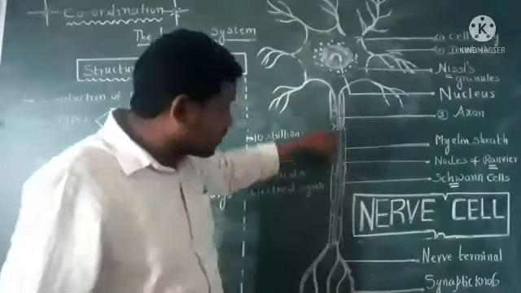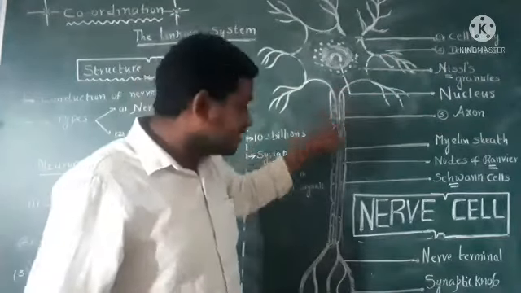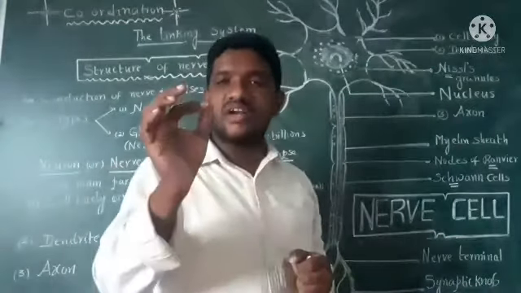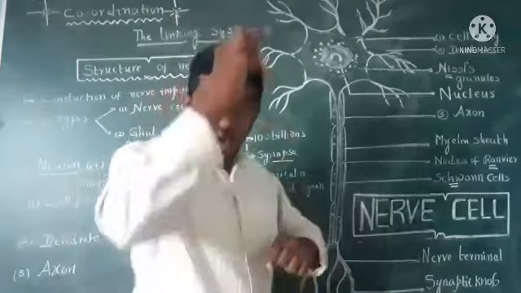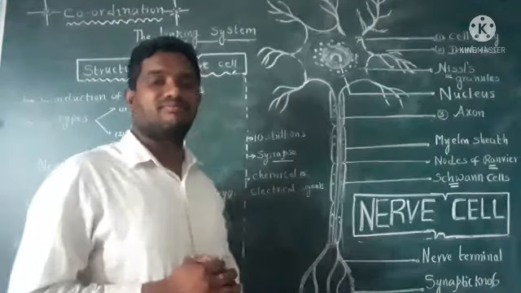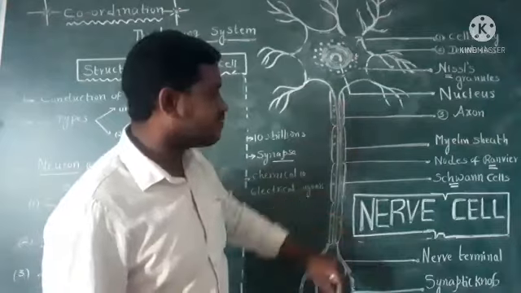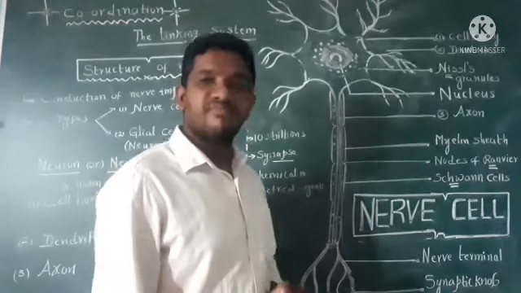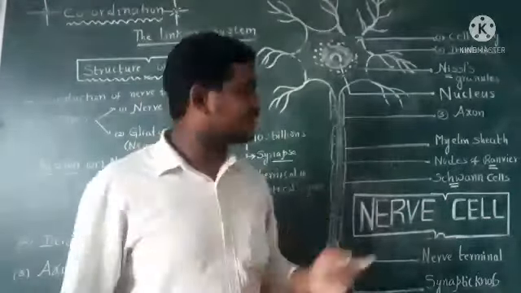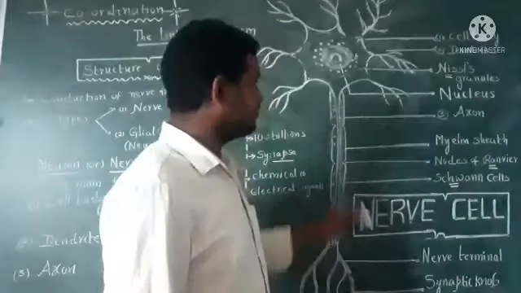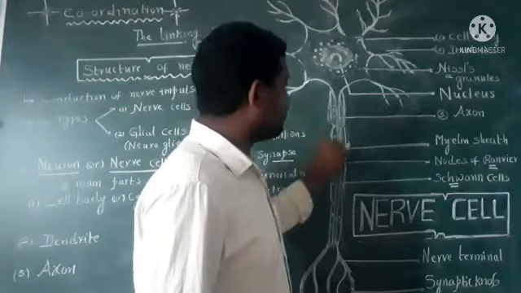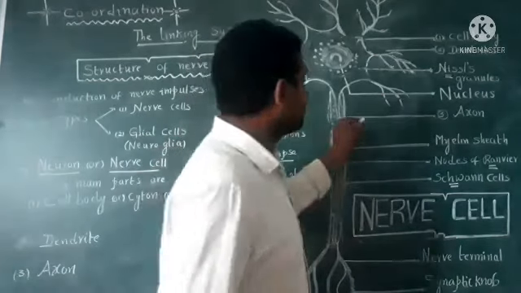Another is a long projection extending from the cell body, called axon. This axon is covered with a fatty material called myelin sheath. This cylindrical structure is covered with fatty material.